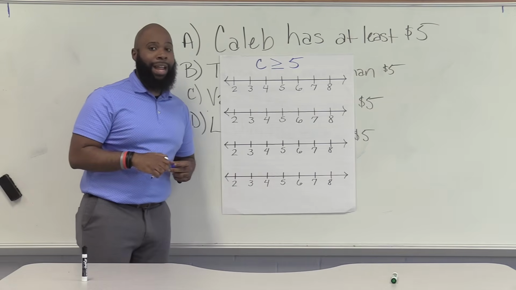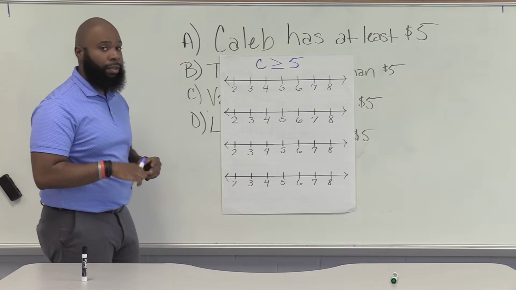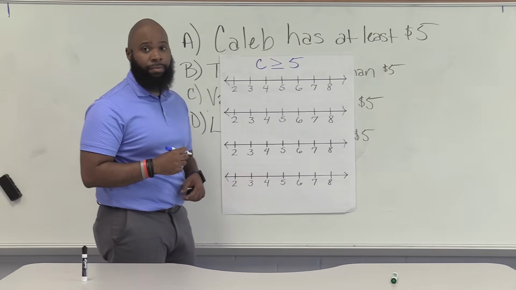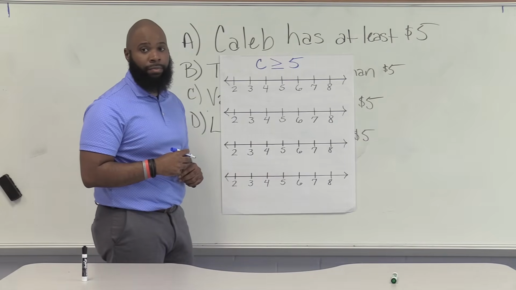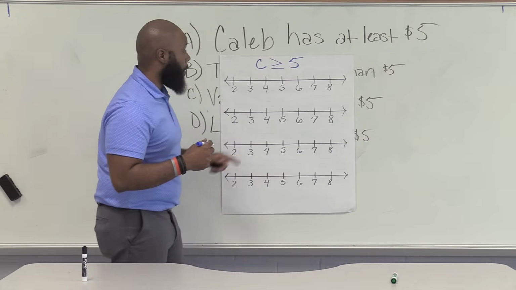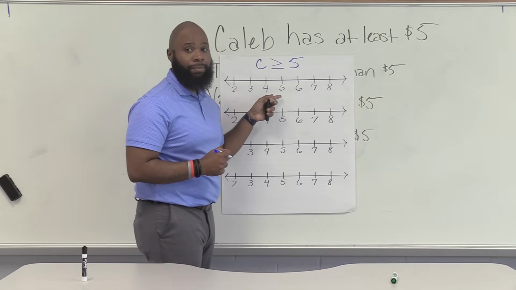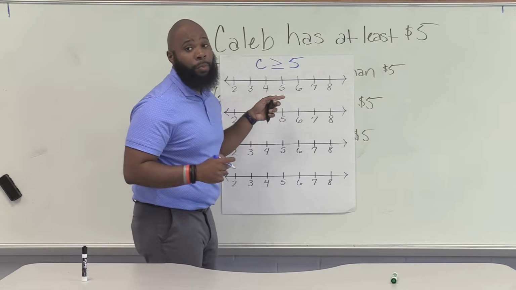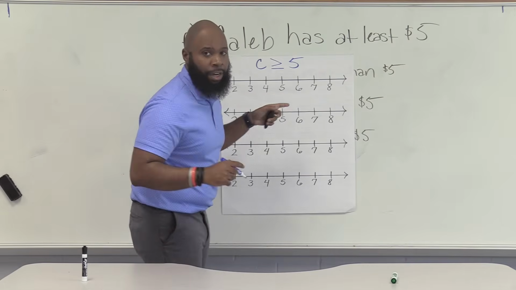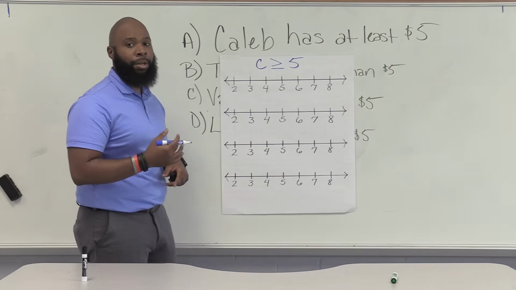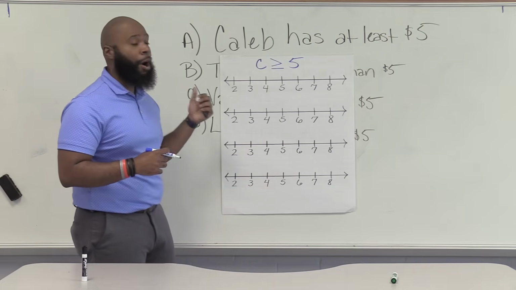So now I'm going to plot this on my number line. So when I go and put my circle, where am I going to put my circle? On the 5. Is my circle going to be open or closed? Correct. We would draw a solid circle over the number 5, and then the arrow to the right to show that all of the numbers and greater than are part of this solution.